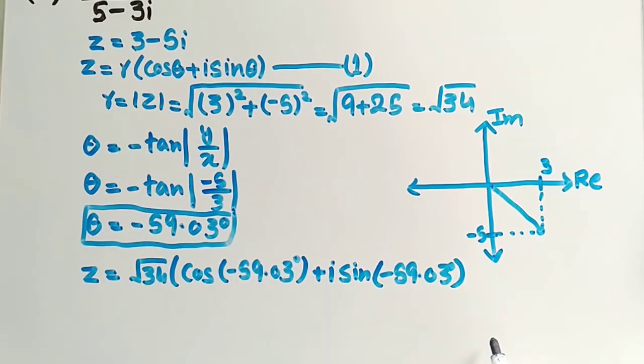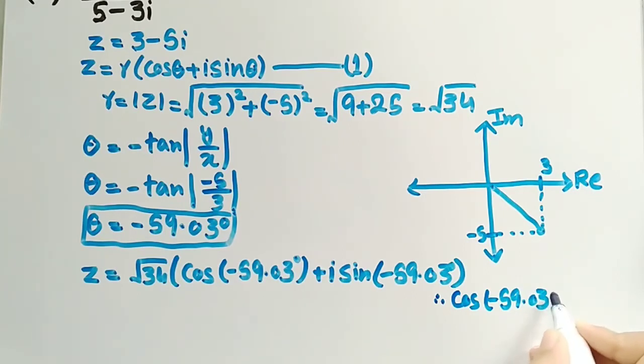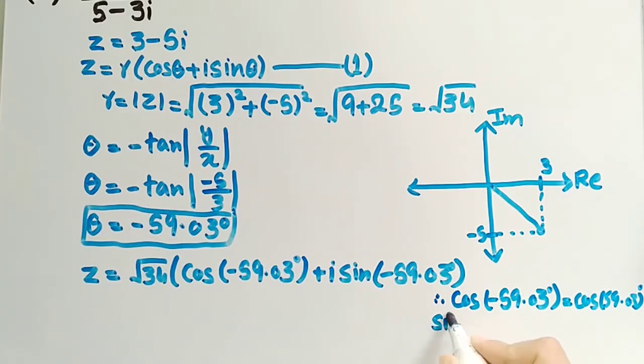From the trigonometric identities, we know that cos minus 59.03 degrees is equal to cos 59.03 degrees, and sine minus 59.03 degrees is equal to minus sine 59.03 degrees.